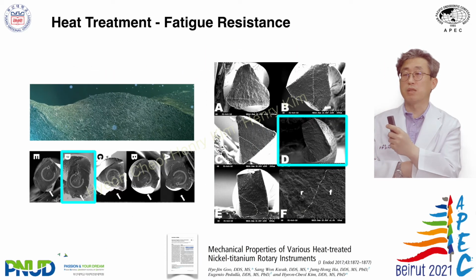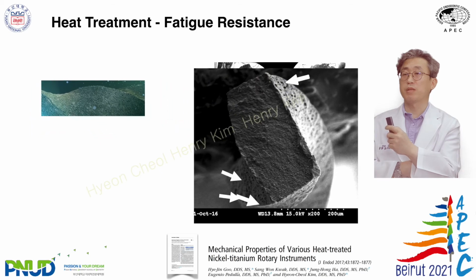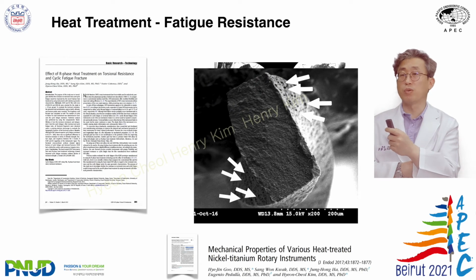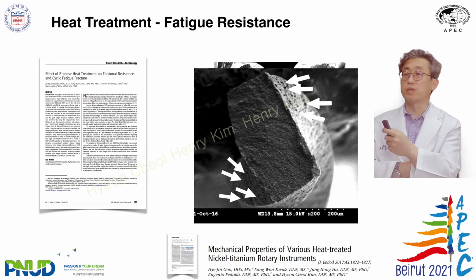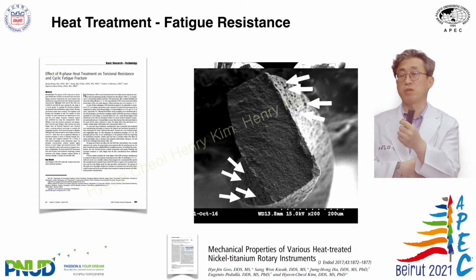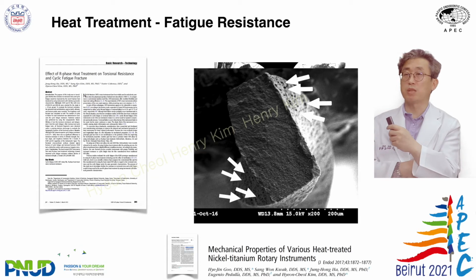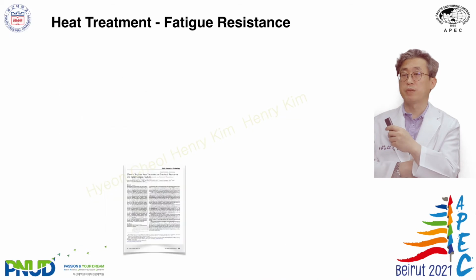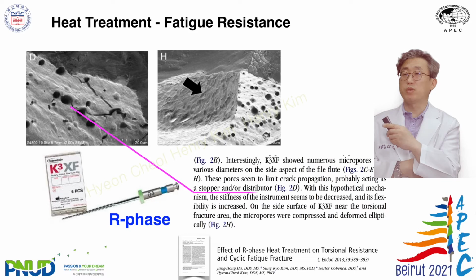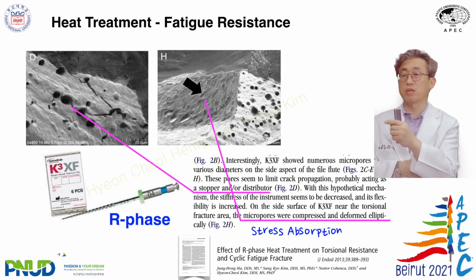Interesting things are here from the SEM. You can see the fracture fragment. There are many micropores on the instrument surface. These micropores may have some effect on the mechanical properties. The same thing was shown in the R-phase K3XF. We have another study in which we described the micropores in the K3XF in the discussion section.